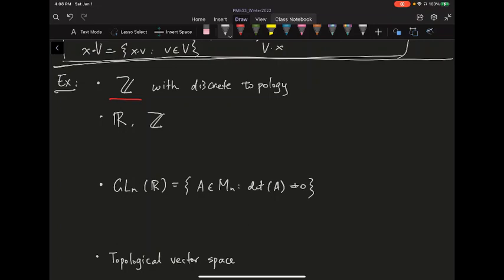And second, I want to talk about the following. You can think about the real line, or I should put the unit circle here. So the real line and the unit circle, they are groups, of course. And what kind of topology do you put? Well, you can actually put two kinds of topology. You can put the usual norm topology, which is the topology inherited from the real line and the unit circle with respect to their usual Euclidean metric.